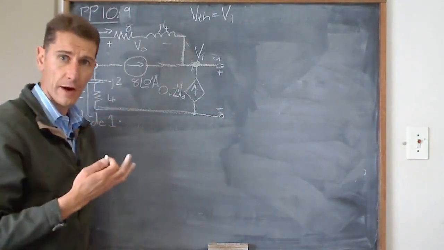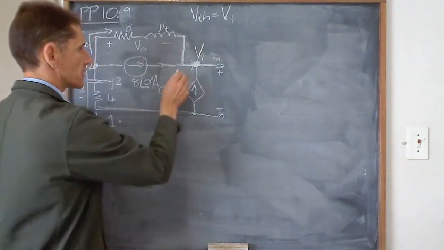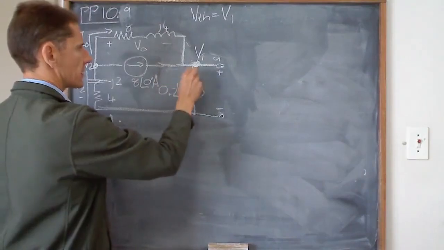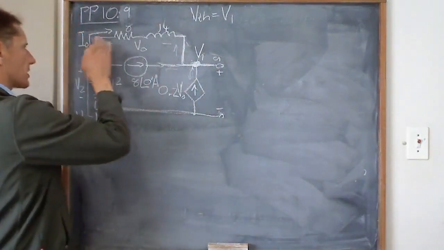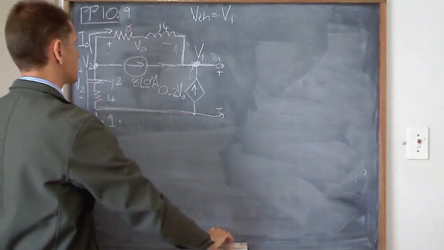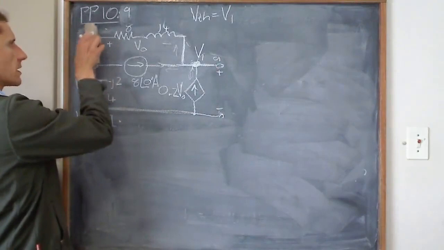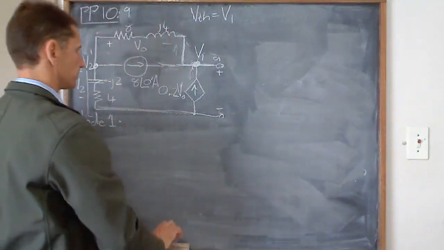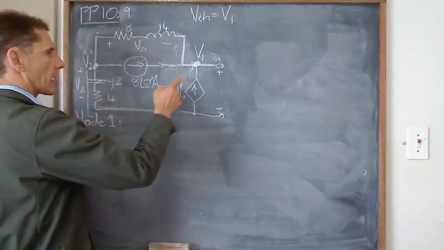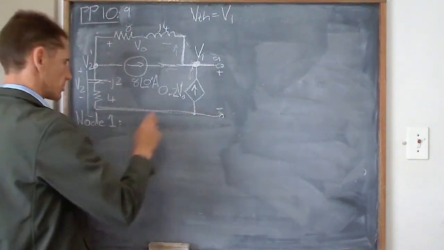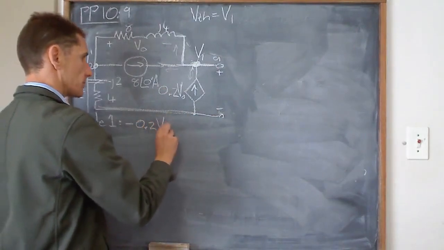Remember, all the currents going out if you're doing nodal analysis. So I'm choosing that direction, and that direction. This I out actually at this stage does not exist for this exercise, so let's just take this one out. Okay, so node 1, all the currents going out. Let's start with this one. So I've got minus 0.2 V out.